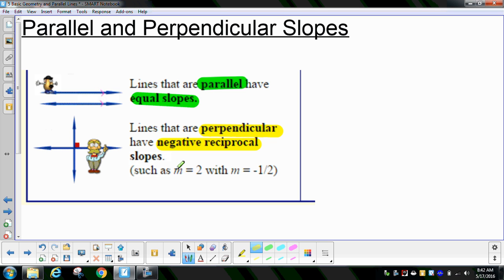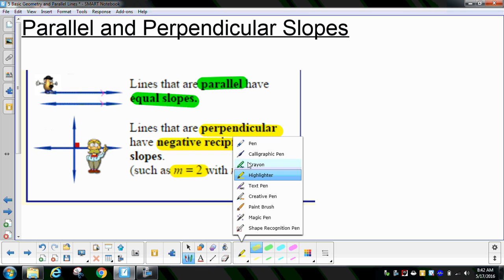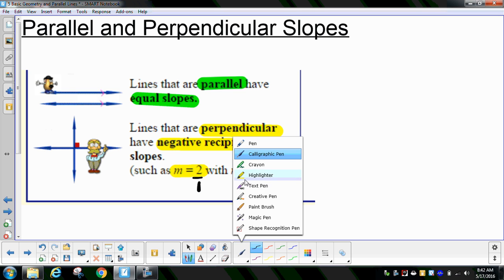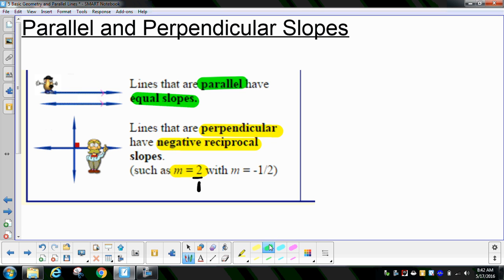So that means if I start with a slope of 2, which is the same as 2 over 1, I can just flip this fraction and get 1/2 and change its sign and make it negative, and that's the slope of a line perpendicular. So the slope of a line perpendicular to a line that has slope 2 is negative 1/2.